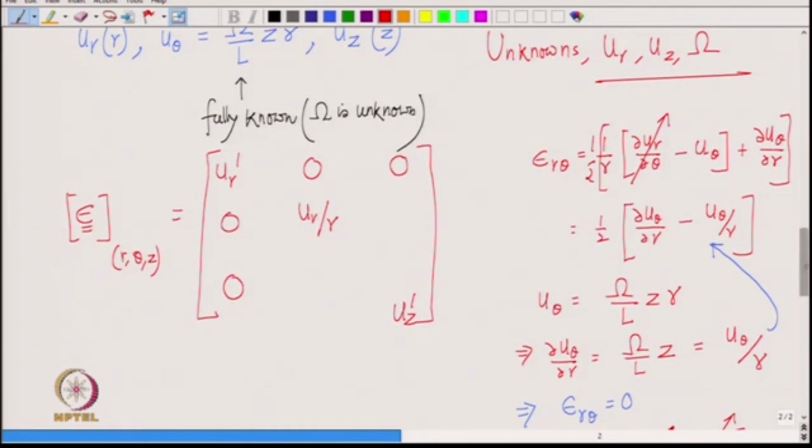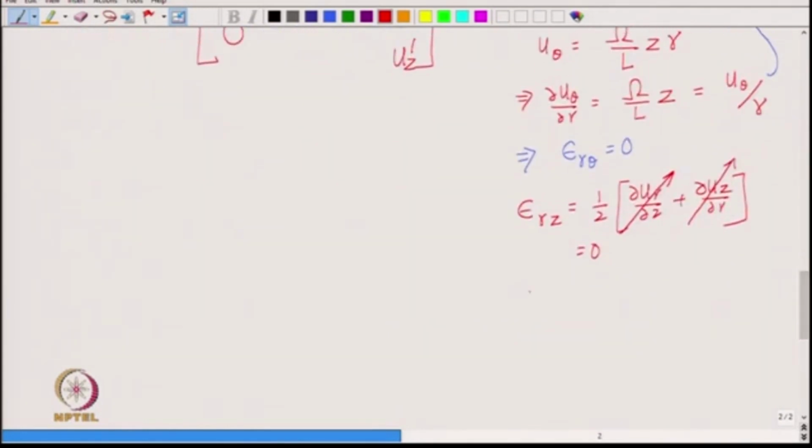Now, what about epsilon theta z? Epsilon theta z is half of del u theta over del z plus 1 over r del u z by del theta.